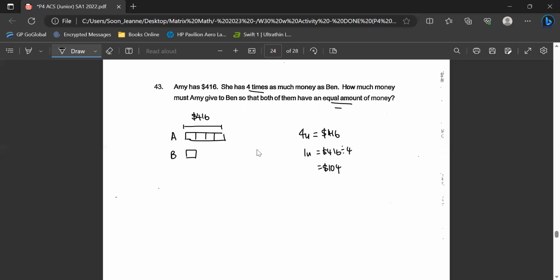So I'm going to look at the difference, which is a 3 units difference, which is the amount that I can actually share equally between both people. Okay, so 3 times 104, which is $312. So this is 312, right? I'm going to share them equally so that they have equal amount. So just take 312, divide by 2 people equally. Your answer is $156.